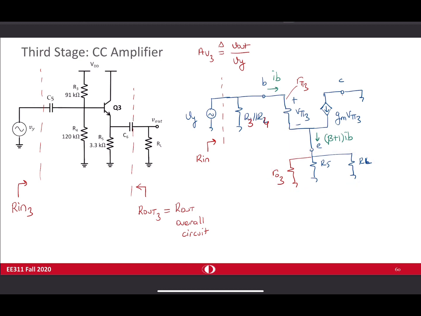So Rin3 from this approach can be written as R3 in parallel with R4 in parallel with R pi 3 plus beta plus 1 times R5, RL and RO3 in parallel.